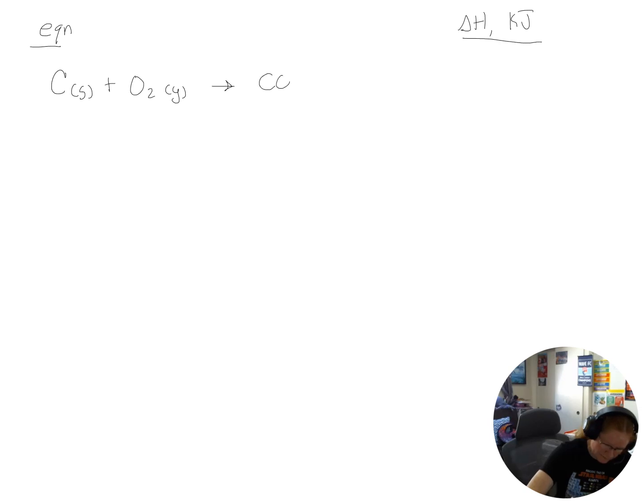So we have equation, and then we're going to have delta H in kilojoules. Okay, so I have my first equation, which I left alone. Okay, and I got negative 393.5. Now my second equation, we multiplied it by 2.